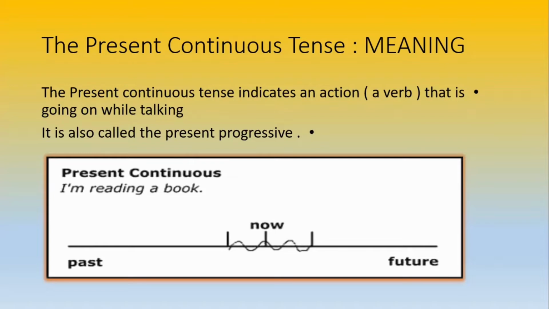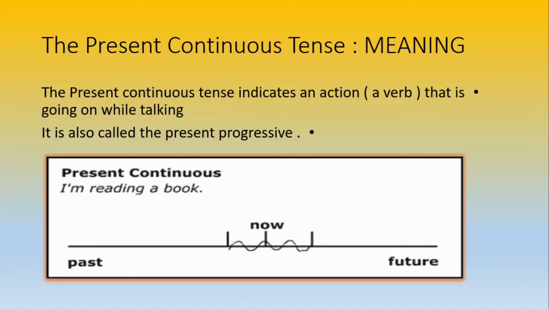This is a dynamic verb, an action verb, a verb that has a movement that's going on while talking or while speaking. Present continuous tense indicates an action, a dynamic verb, that is going on while talking. It is also called the present progressive.